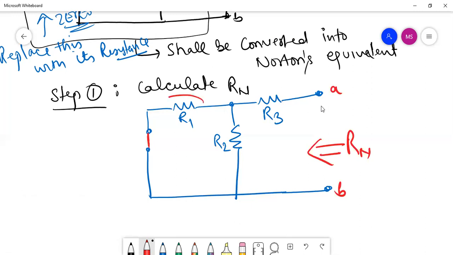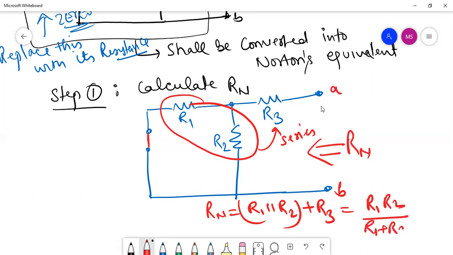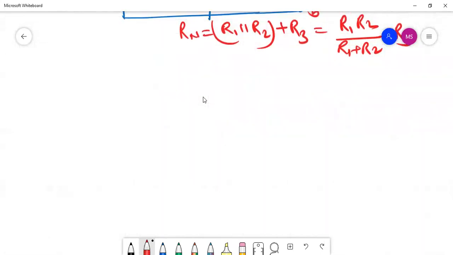So we'll see that these two are in parallel. So Rn is equal to R1 is in parallel with R2, and the combination of these two is in series with R3. So Rn is equal to R1 R2 divided by R1 plus R2, plus R3. So this is how we can calculate the value of Rn, and it is similar to the case of Thevenin's resistance. Now let us come to step 2.